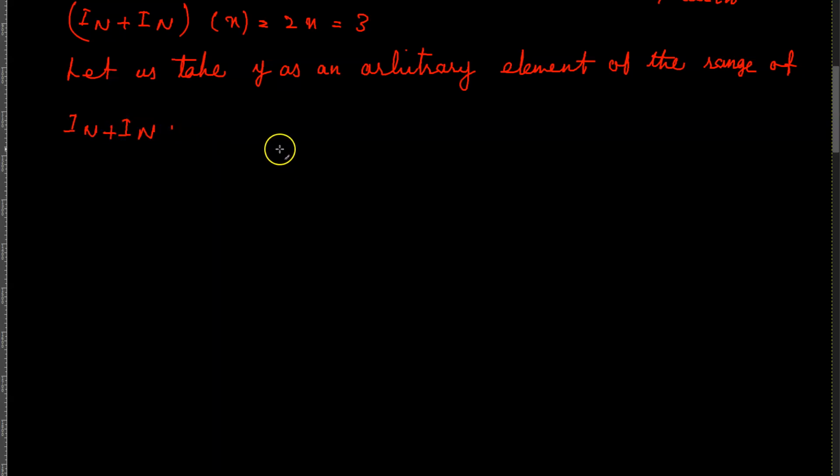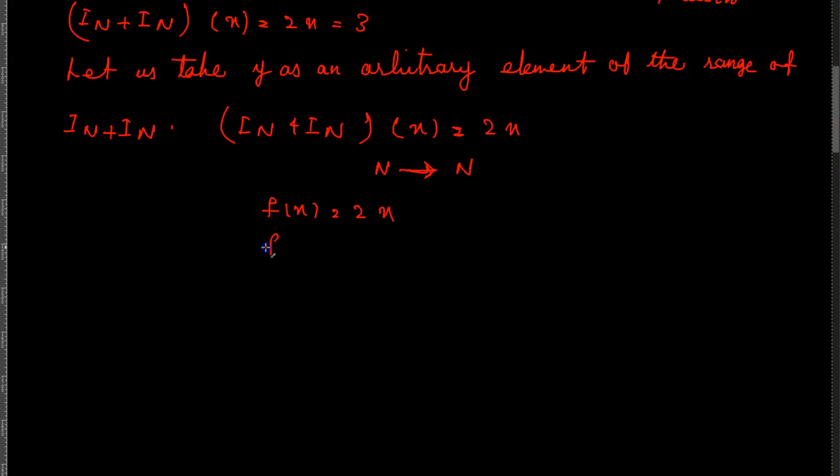Now, for the sake of simplicity, I'm going to say that I of n plus I of n of x, which is equal to 2x, with the domain n and the codomain n, I'm going to regard as a function like, for example, f of x is equal to 2x, where f goes from n to n, because it is not easy for me to talk about this function.